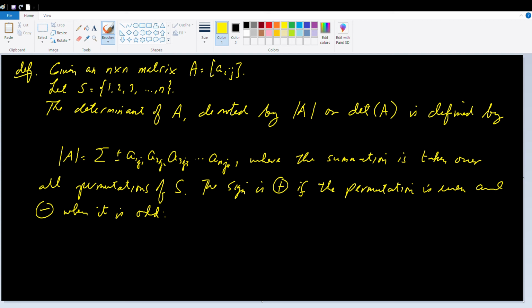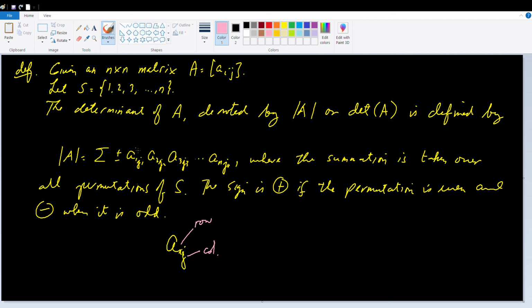So we shall take the summation of the products of the elements A1J1, A2J2 up to AnJn, preceded by either a positive or a negative sign depending on the permutation J1 up to Jn. Remember that Aij represents an element of matrix A. The first subscript represents the row and J represents the column.